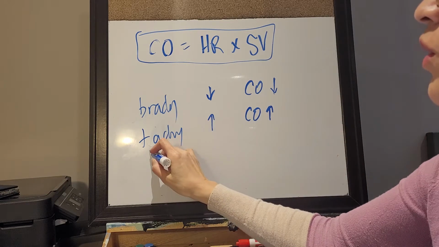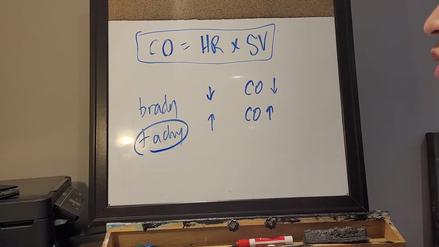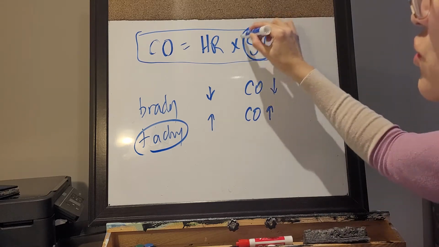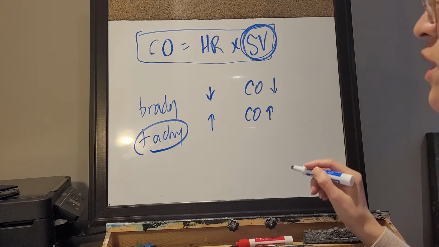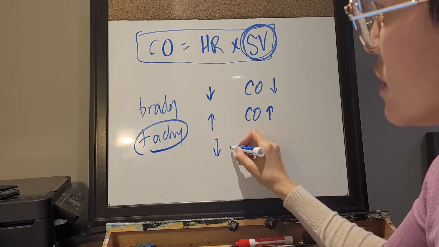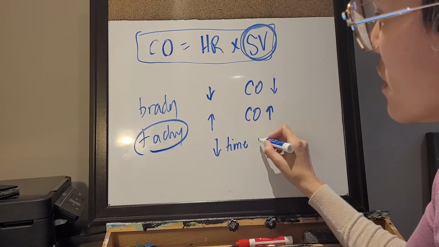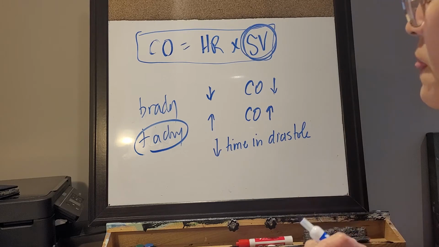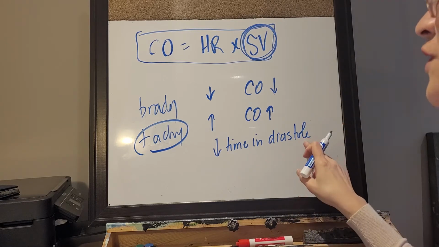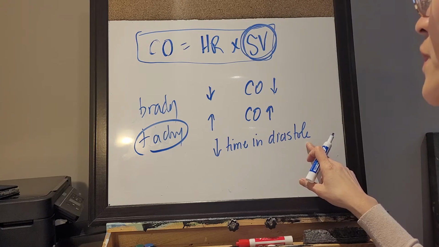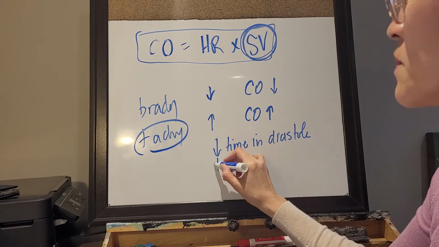However, what happens in the presence of tachycardia is we start to affect stroke volume. Because the time spent in diastole decreases, and this is the time that we fill, because filling of the ventricle is passive from the atrium, we decrease our filling time.